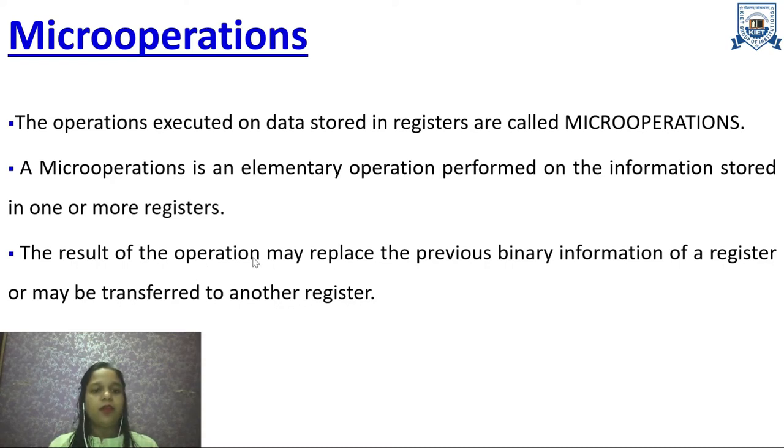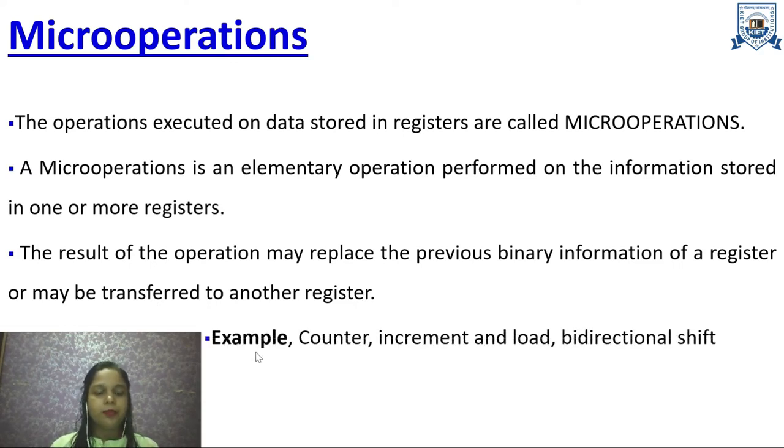Just like again C = A + B, the result can be stored in a register and the previous binary information in that register may be transferred or deleted with the help of another register. Examples of micro operations are counter, increment, load and bidirectional shift.